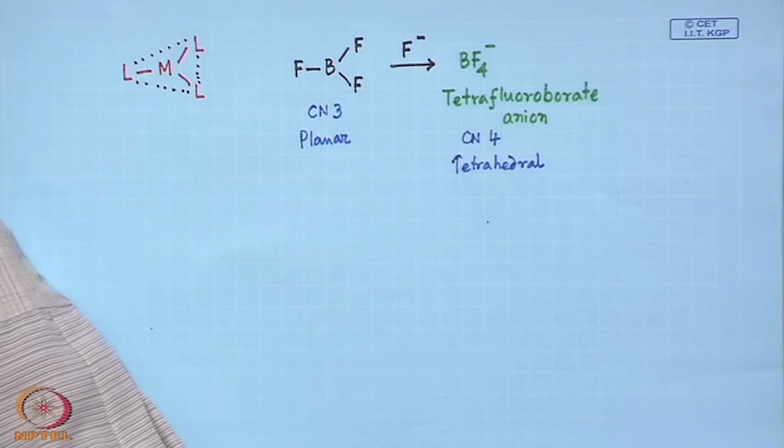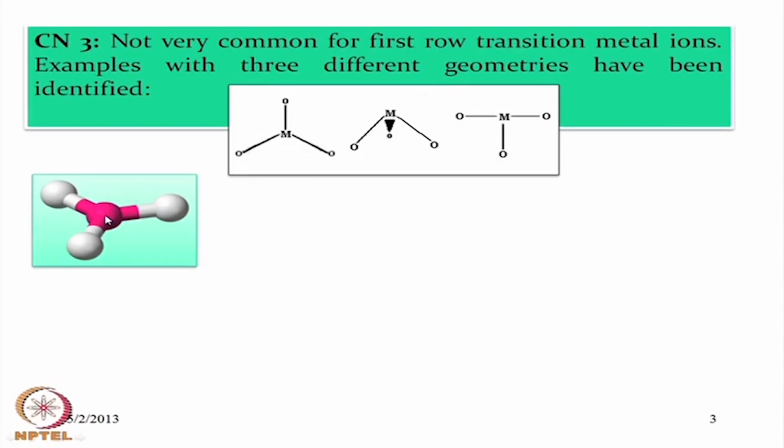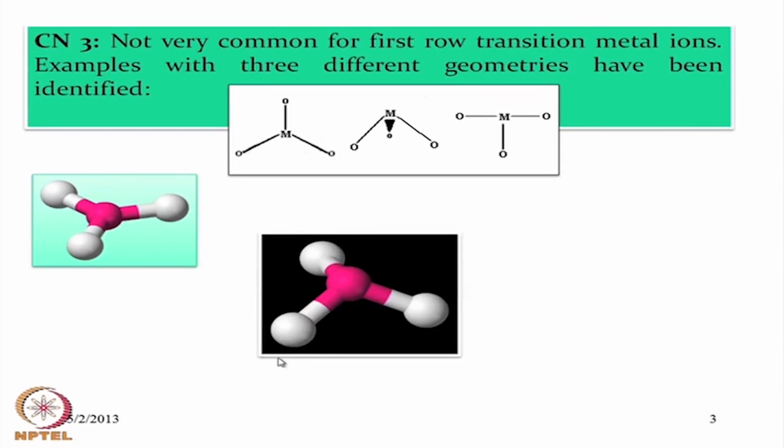Similarly, if this particular center is occupied by the metal, we can have 3 ligands at 3 different positions. Similarly, you can have the corresponding pyramidal geometry. So, this particular central metal ion or the other atom, if it is moved upward, we can have the corresponding geometry like this.